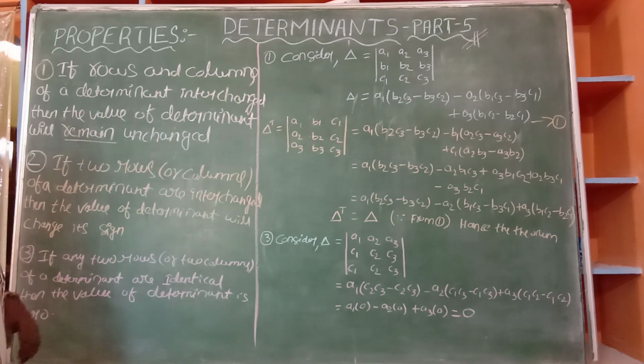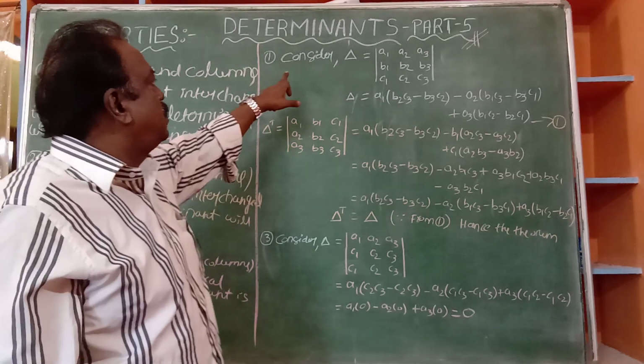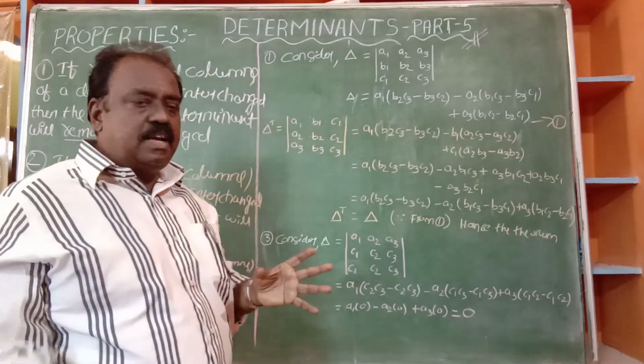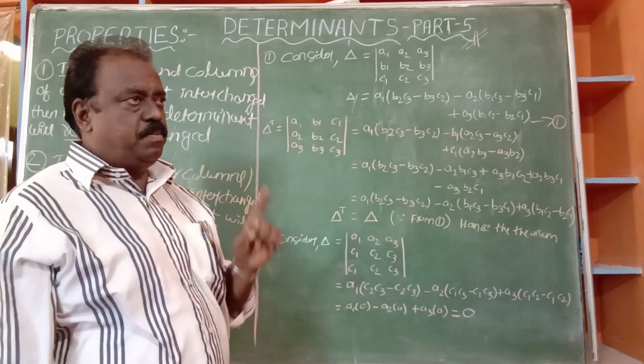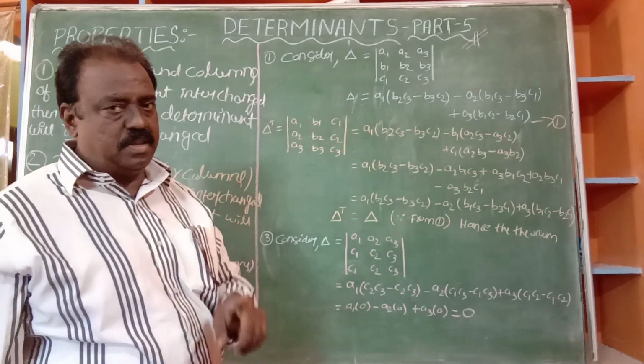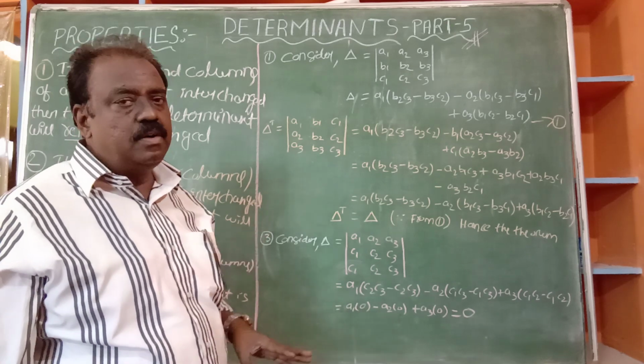I will explain. Suppose delta, which is also a notation for a determinant. Suppose capital A is a 3 by 3 matrix, of order 3.